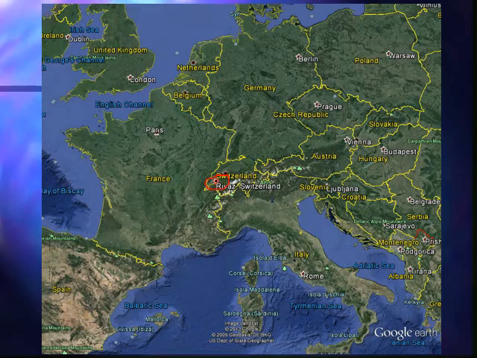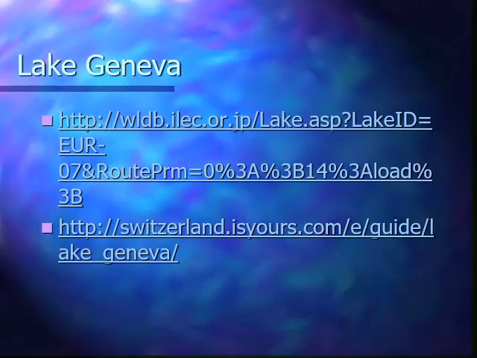There's really 4 languages in Switzerland. Kind of this part over in here is French speaking, and then you have German speaking, and then you have Italian speaking, and then there's also a Swiss language, which sounds kind of Germanic. You can take a look at Lake Geneva by clicking on some of these links.